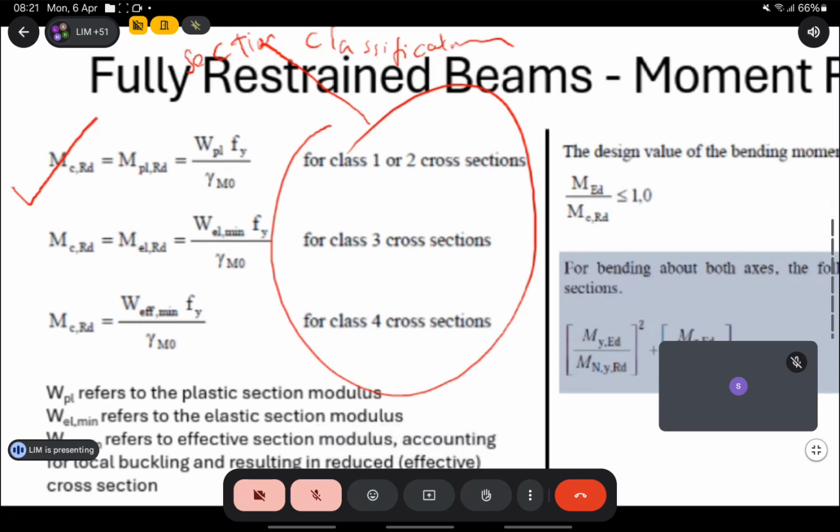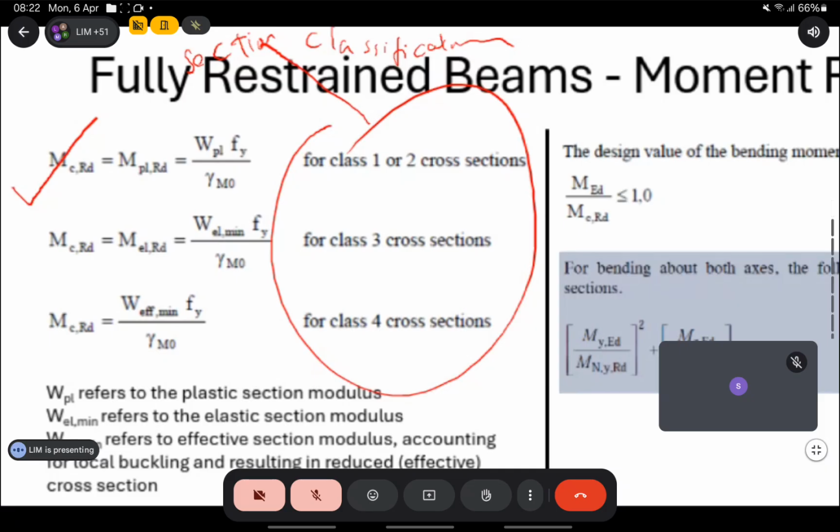The first formula is very important. Most beams are class 1 and 2, so make sure you memorize that formula. If it's class 1 and 2, then the moment of resistance for your beam is WPL times Fy divided by gamma M naught.